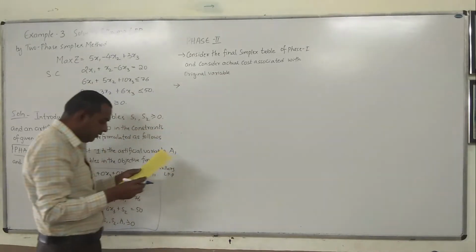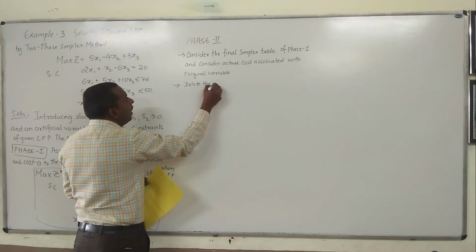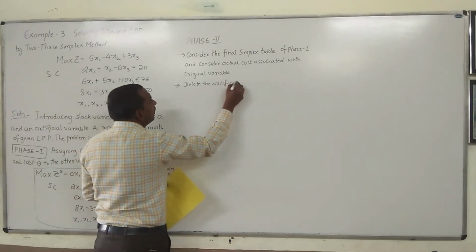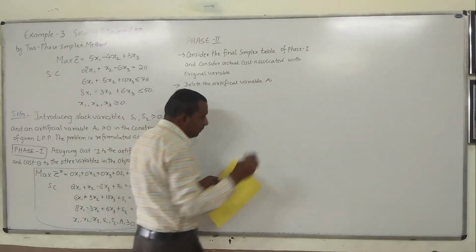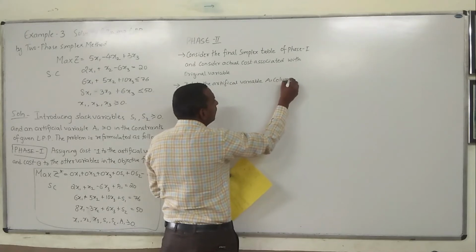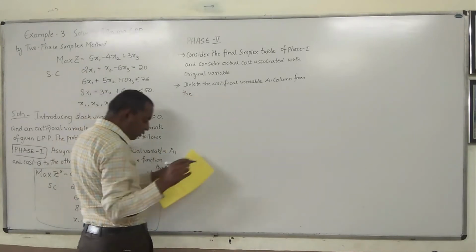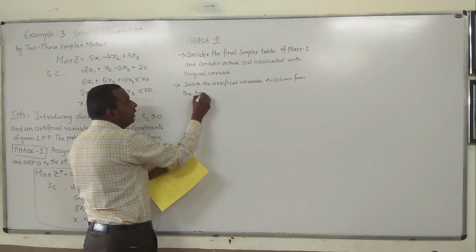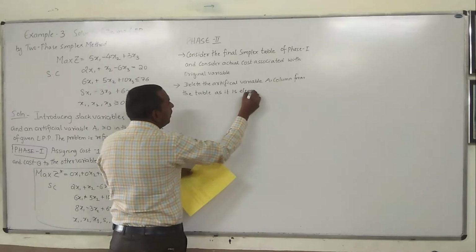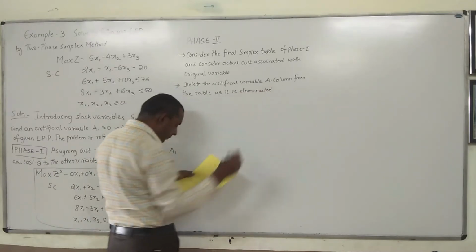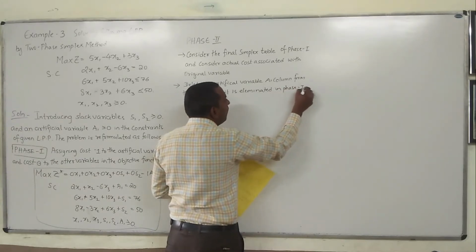Whereas the next one is delete the artificial variable A1 column from the table as it is eliminated in phase 1.